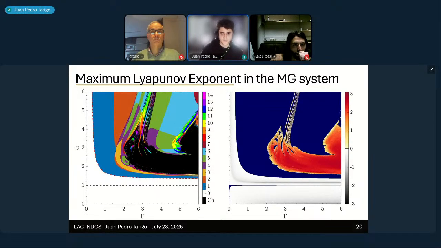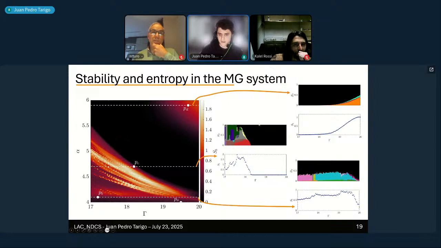So what we did next is, because I say that we have a chaotic attractor, but we could have more than one chaotic attractor, right? It's not very simple to distinguish between chaotic attractors when you cannot visualize phase space in very high dimensional systems.